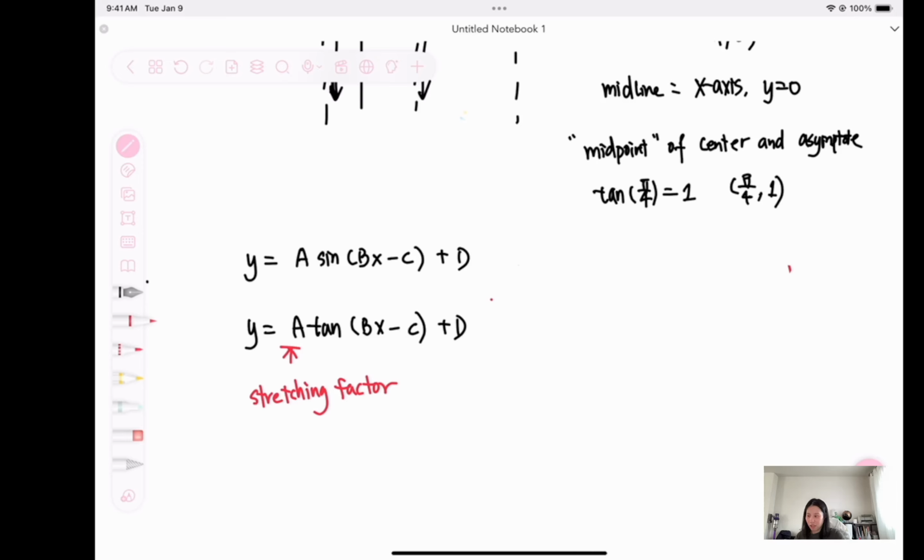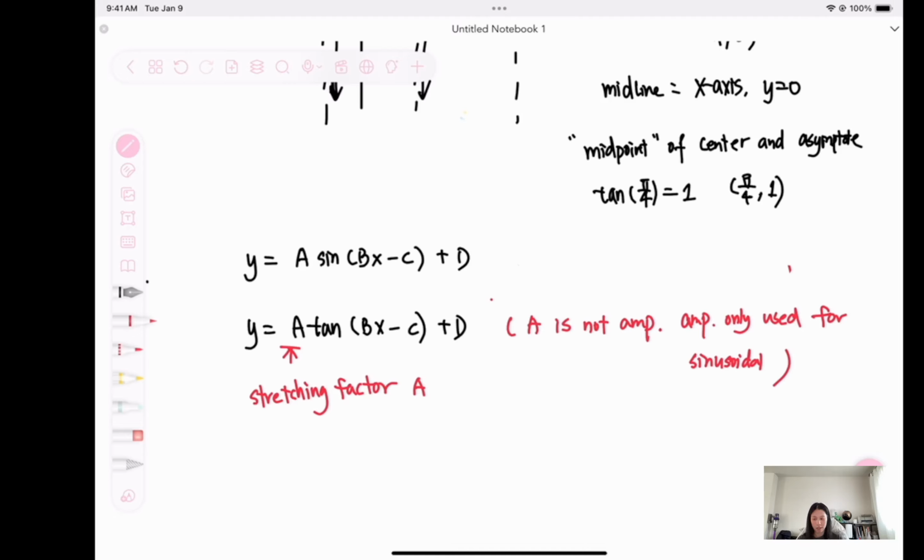So A gives us the stretching factor, and I want you to remember that A is not an amplitude in a tangent function. Amplitude is only used for sinusoidal functions.